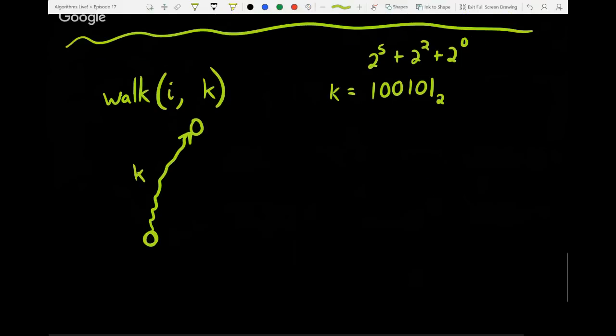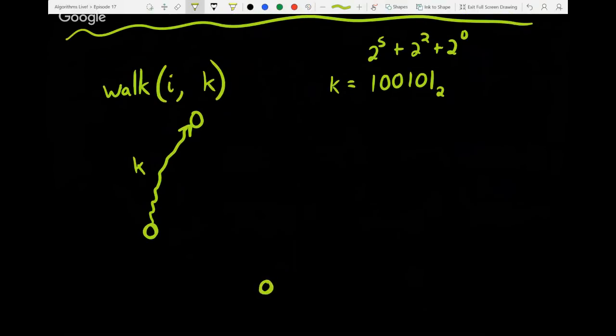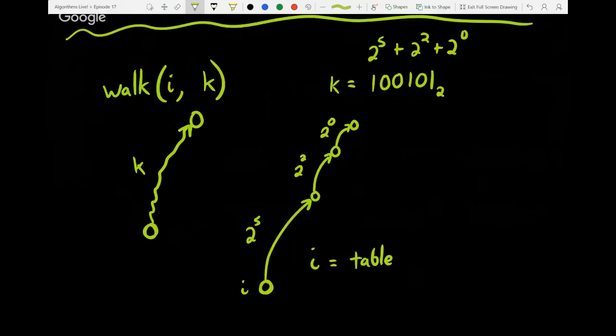So in terms of my jumping, I can be at some position i. If I want to jump up by this binary number, I could make a 2 to the 5 jump, followed by a 2 to the 2 jump, followed by a 2 to the 0 jump. And I can do that fairly easily. Let's start off at i. I can compute my next i by going to table 5 of i.